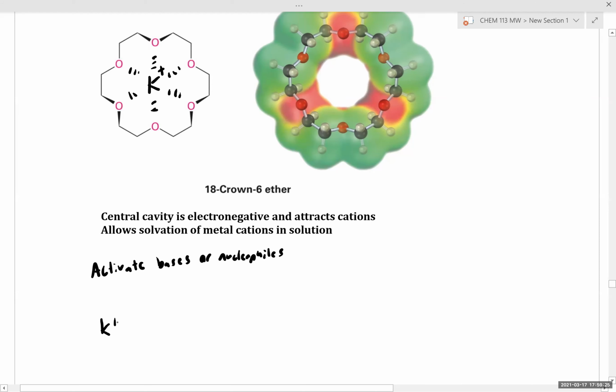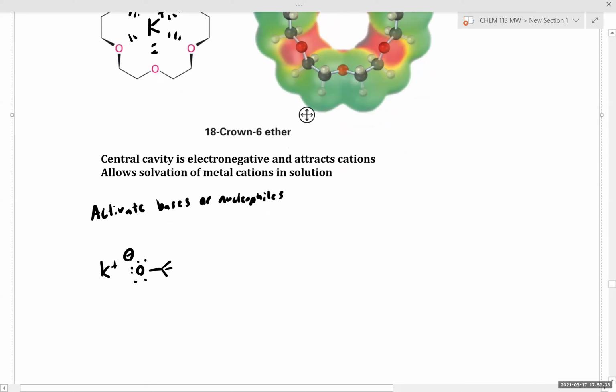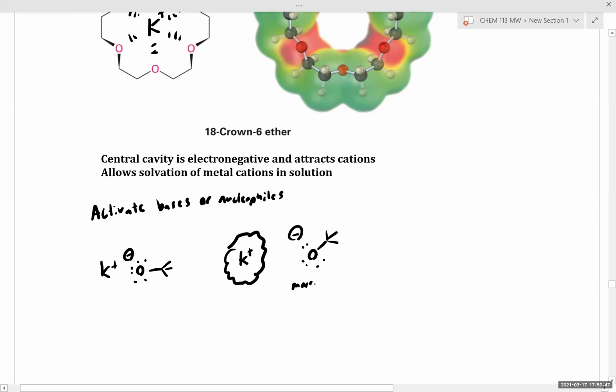So if you have potassium t-butoxide, for example, the potassium is associated with your t-butoxide. However, if you sequester this cation, so this is our crown ether, and we sequester our cation, we now have a more reactive, essentially a more basic anion than usual.